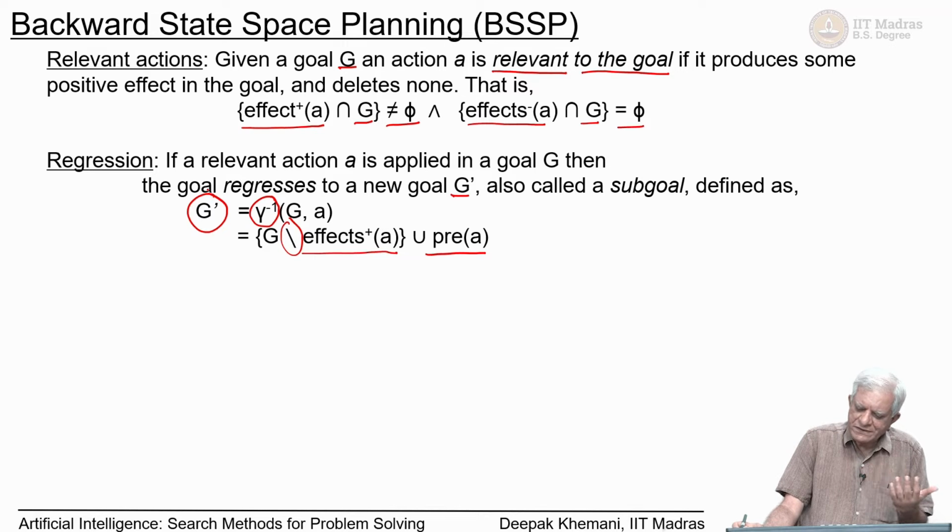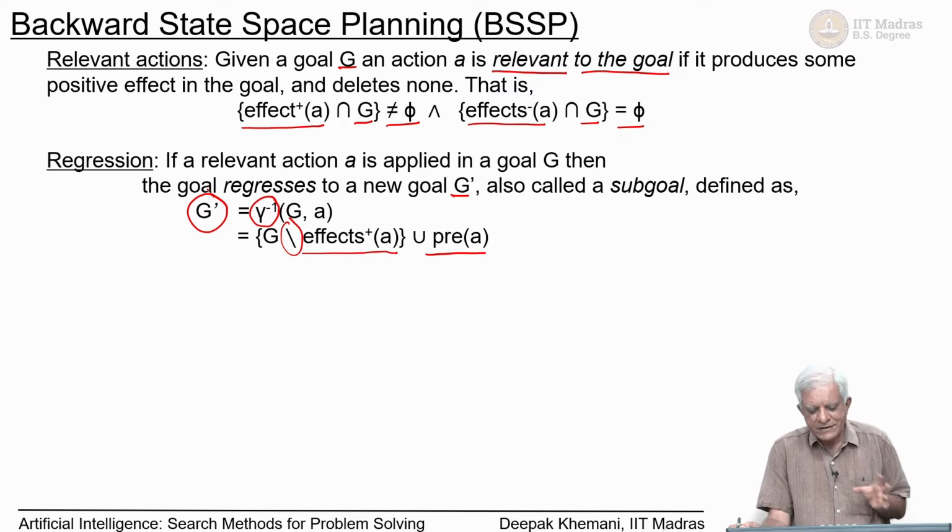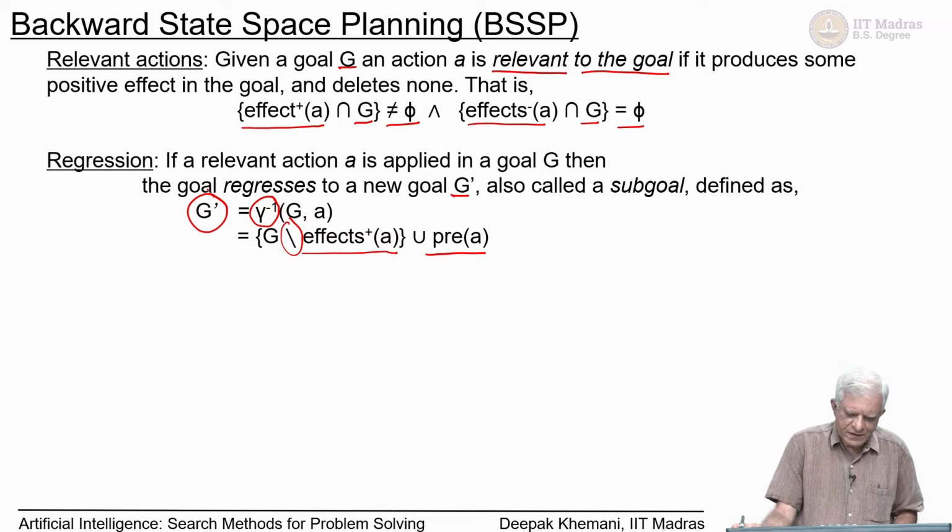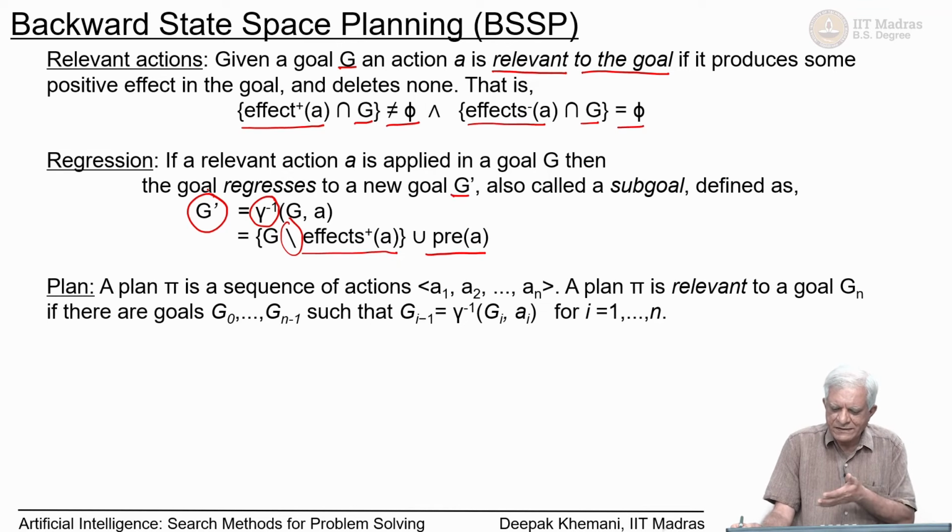So, we add that to the sub goal essentially, and we will see an example shortly. This step is what we call regressing from a goal G to a new goal or sub goal G prime. What must be true in G prime if that last action were to happen? We will see that it is the last action, because that is just before the goal is achieved.